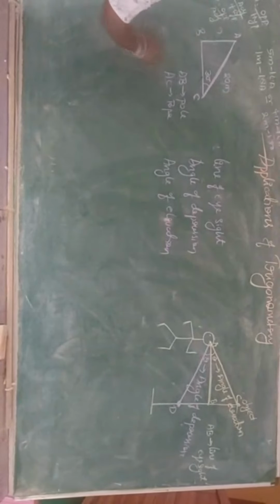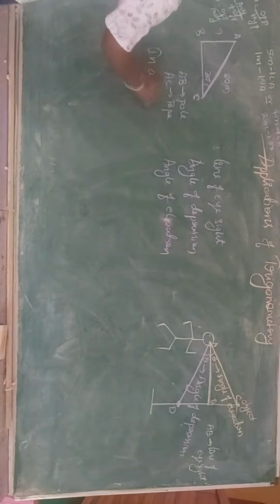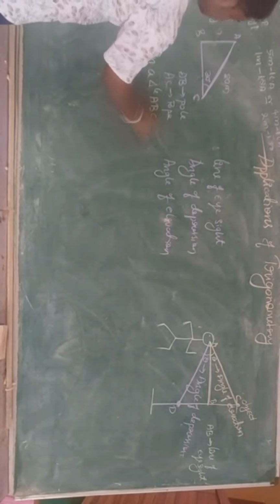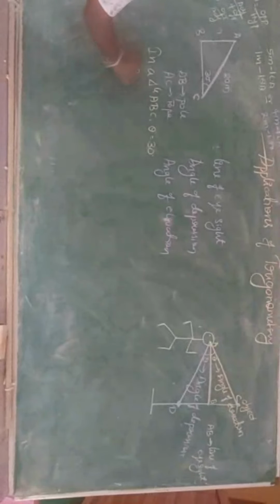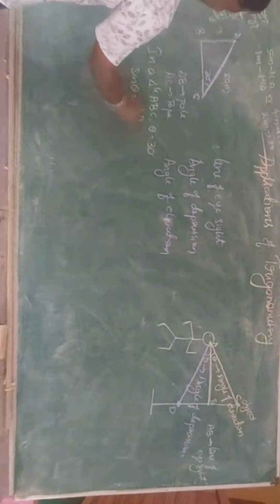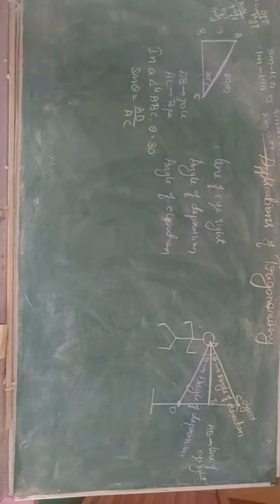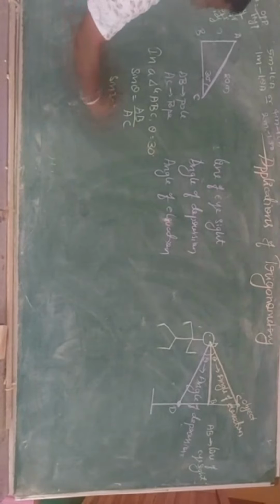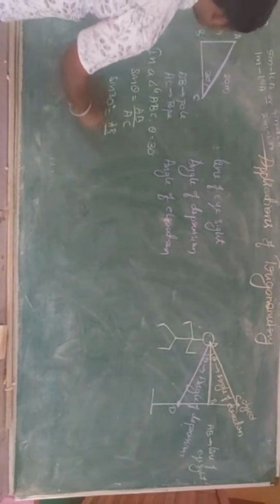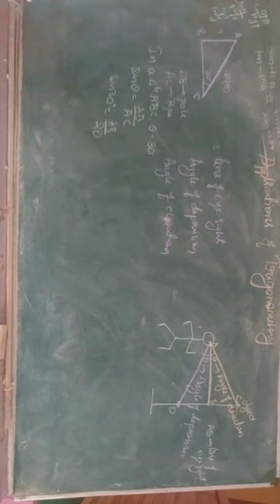In triangle ABC, theta is equal to 30 degrees. Sin theta is equal to opposite AB upon hypotenuse AC. So substitute the values. Sin 30 degrees is equal to AB, which we don't know, upon AC, which is 20 meter.